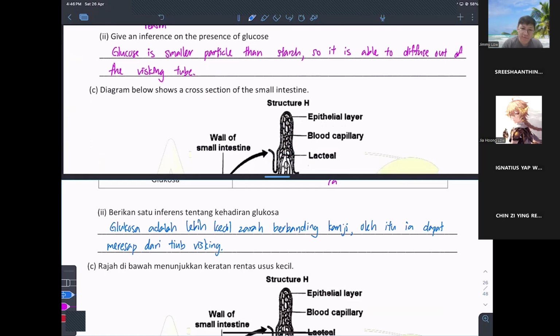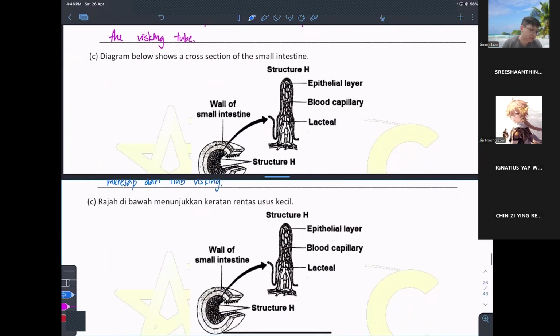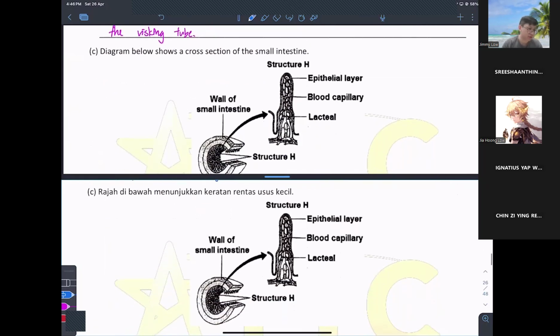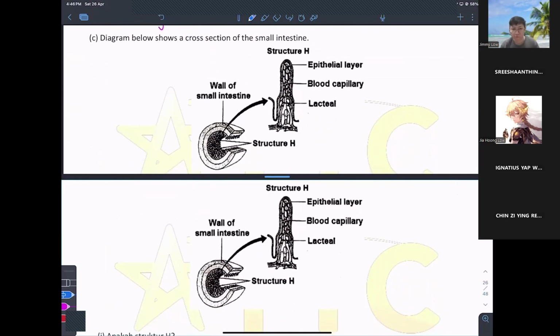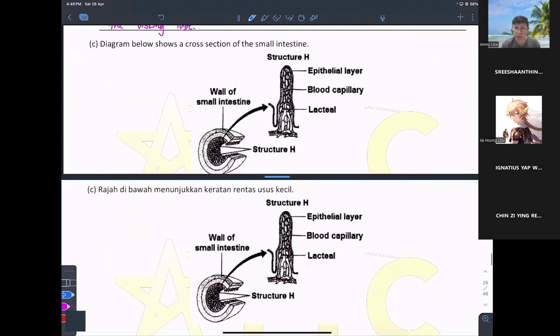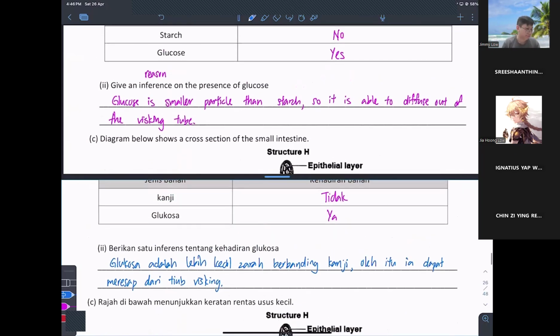Okay, and then this is the villus. You can pronounce this as villi or villus, up to you. It doesn't matter, just make sure you know the name. Then it says, structure H, the wall of small intestine.